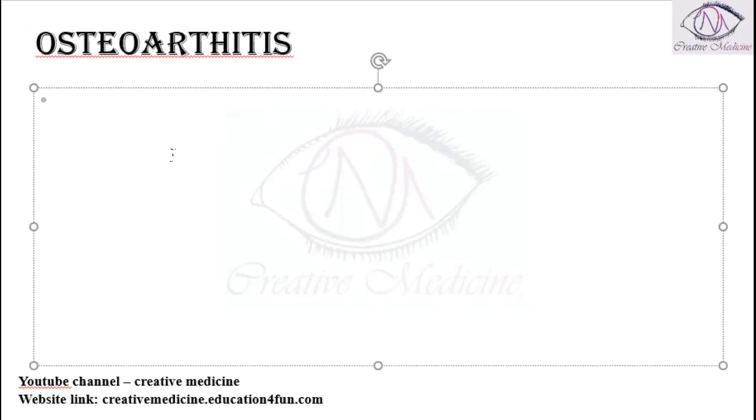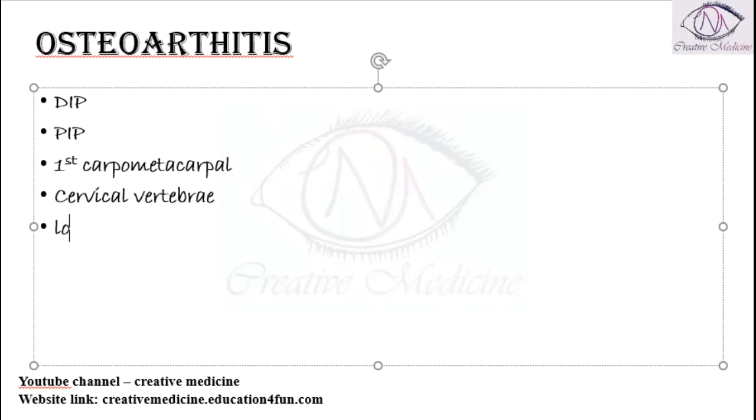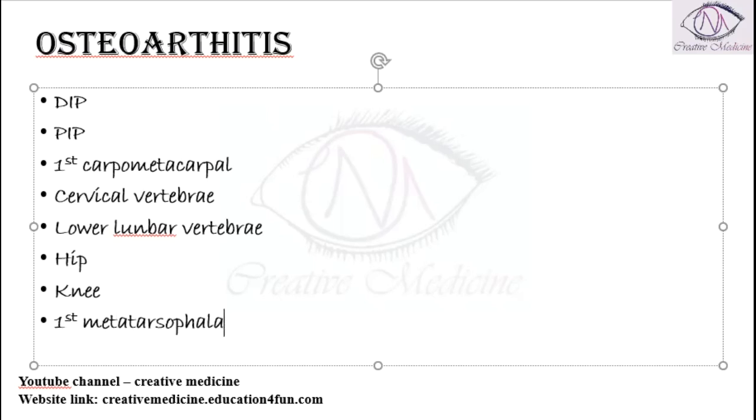In osteoarthritis, there is involvement of the distal interphalangeal joint, proximal interphalangeal joint, first metacarpophalangeal joint, actually first carpometacarpal joints, cervical vertebrae, lower lumbar vertebrae, hip joint, knee joint, and also first metatarsophalangeal joints.